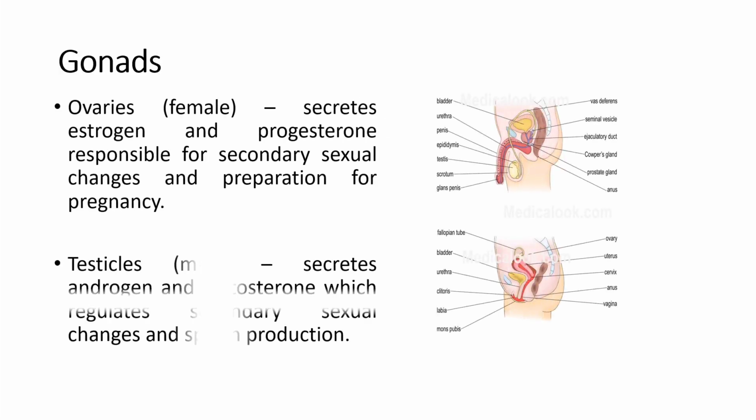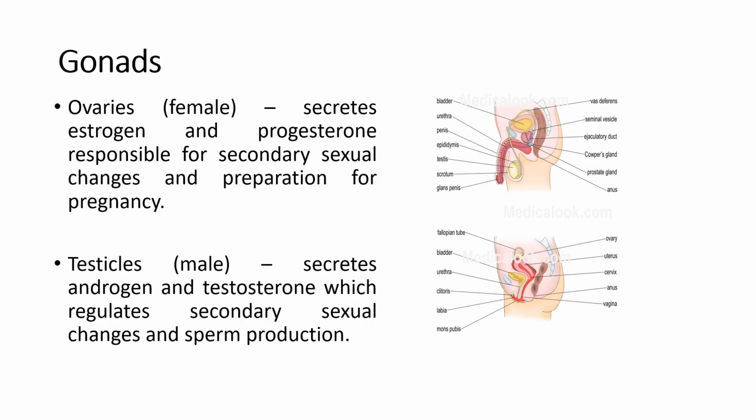And finally, gonads. Gonads for female is the ovaries. For male, it is the testicles. The ovaries secrete estrogen and progesterone that are responsible for secondary sexual changes. Pag sinabi natin secondary sexual changes, ito yung changes that occur during the time of puberty, yung mga physical changes, and preparation for pregnancy.